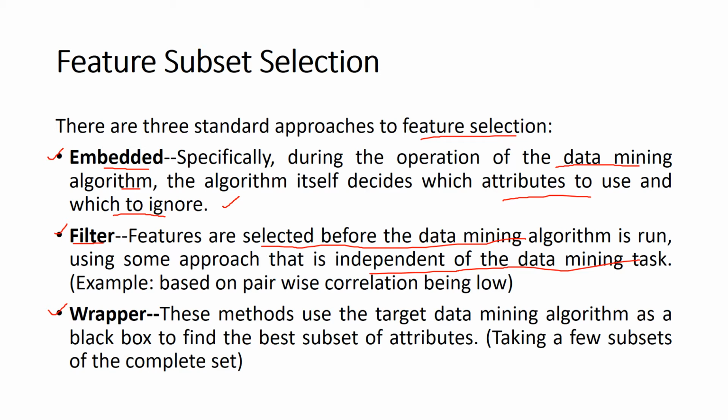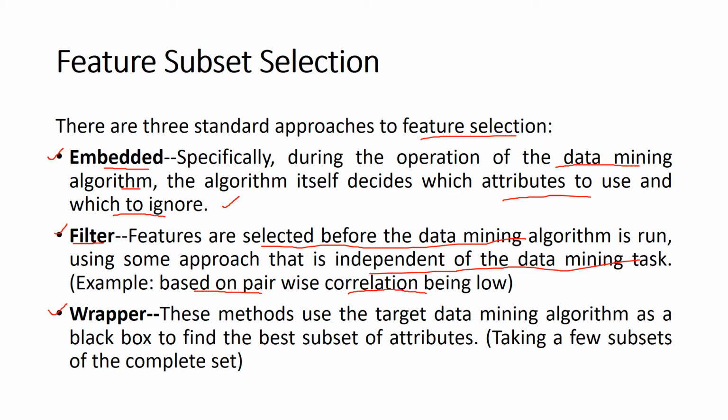We are going to have some independent technique. For example, we are going to calculate the correlation that exists between each pair of the features in the data set, and depending on the correlation, for example, if the correlation is low, it implies that both these features are not related to each other. So such features will be selected.